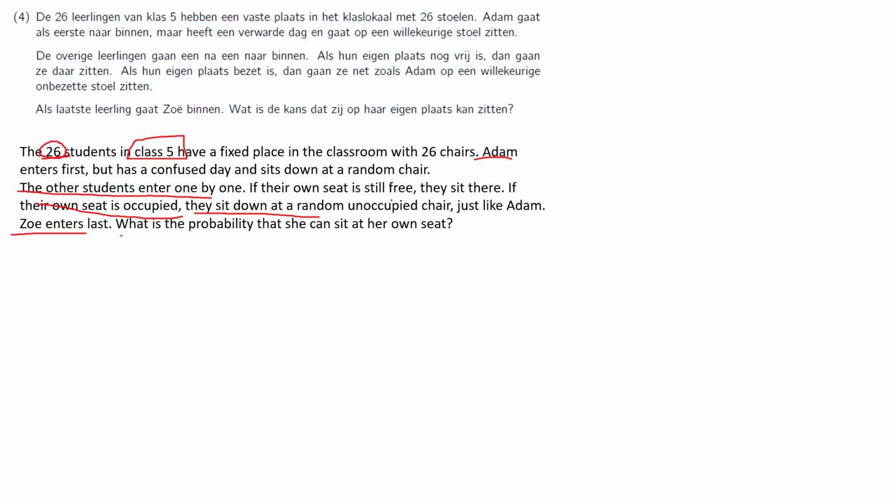For this question, we first claim our answer. We claim that for any n no less than 2, meaning if we have n students, no matter 25 or 26 or 27, the last student is able to sit on his own seat with probability always half.